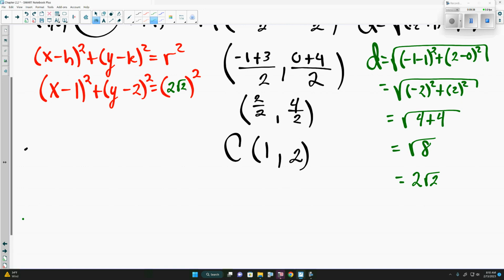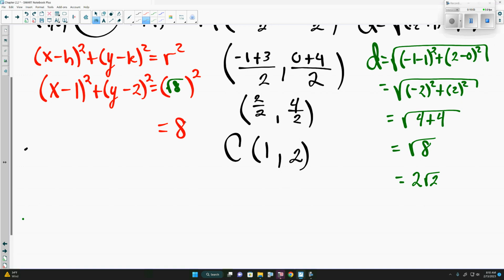I don't know about y'all, but doing 2 square root of 2 squared in your head is a little challenging, yes? But what is 2 square root of 2 the same as? Square root of 8, yes? What's the square root of 8 squared? It is 8. So there wasn't a whole lot of reason to simplify it.